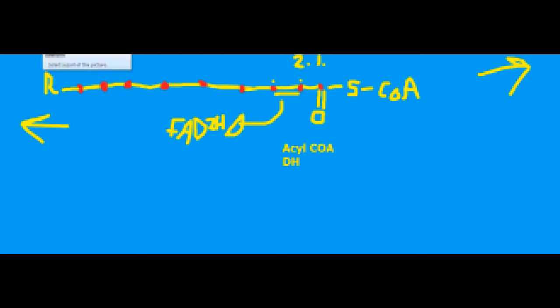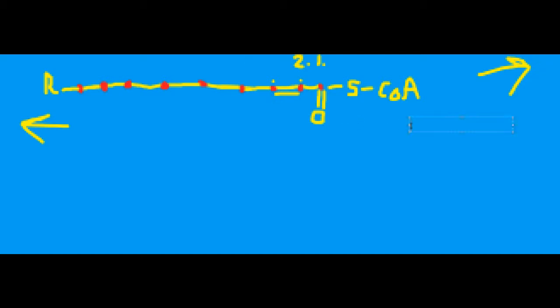So we get rid of this. So at this point we have a double bond between 2 and 3. And now we are going to add H2O. And the adding of H2O is by an enzyme known as enoyl-CoA hydratase.